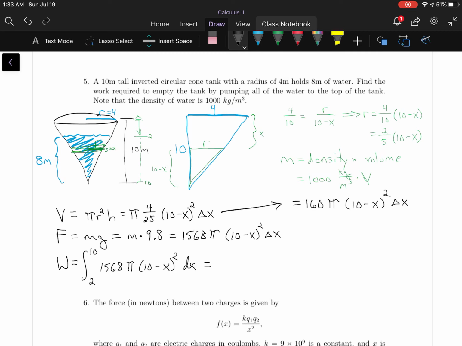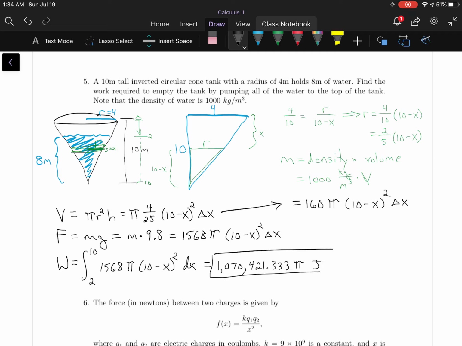And when you integrate this, you get a very large number, which is around 170,421.333 pi.